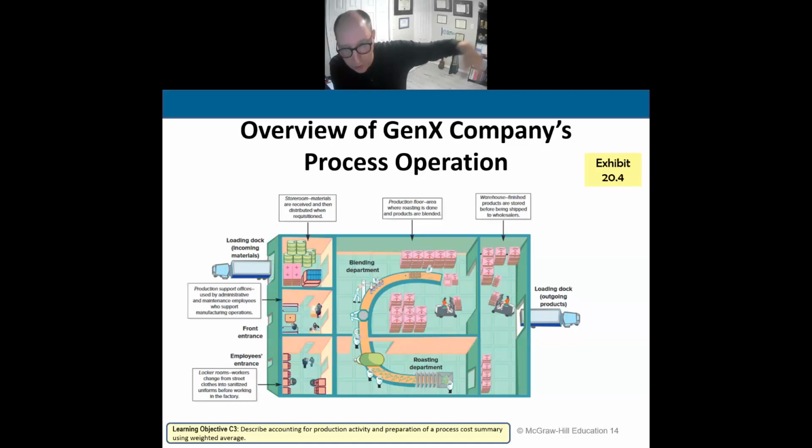I also have a front office for my employees, and so on. And at the back of my shop, I have the loading dock where my finished units are being sent out on the truck. But this is the physical flow. This is a nice example of the physical flow.